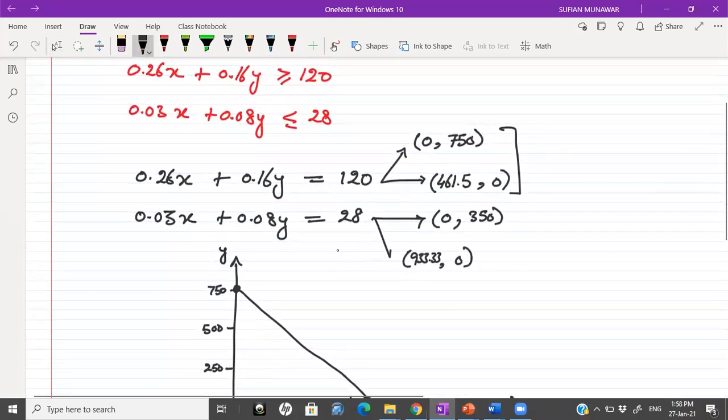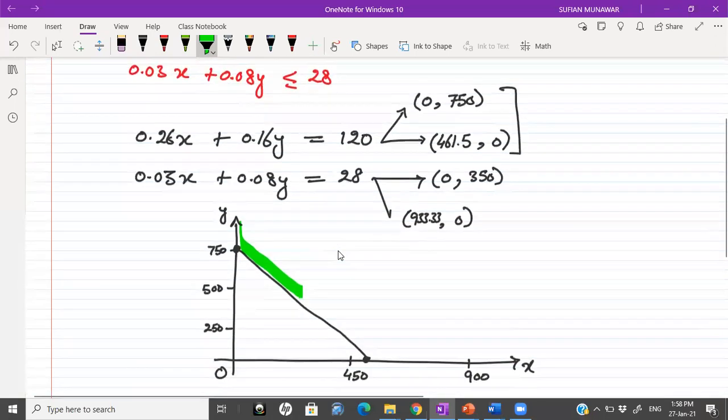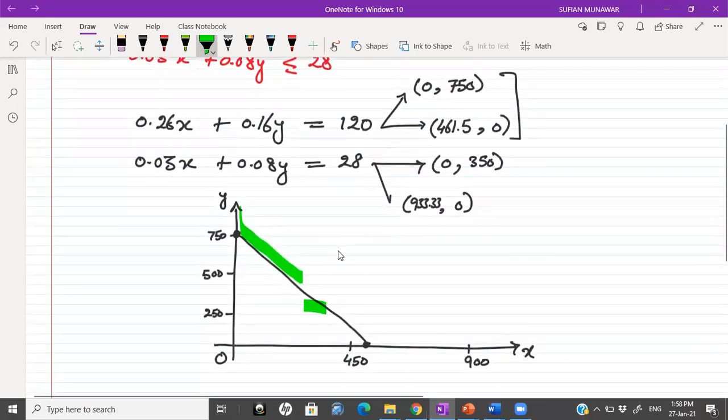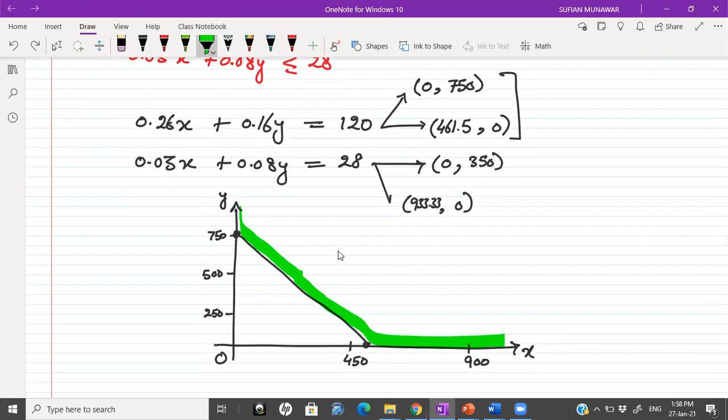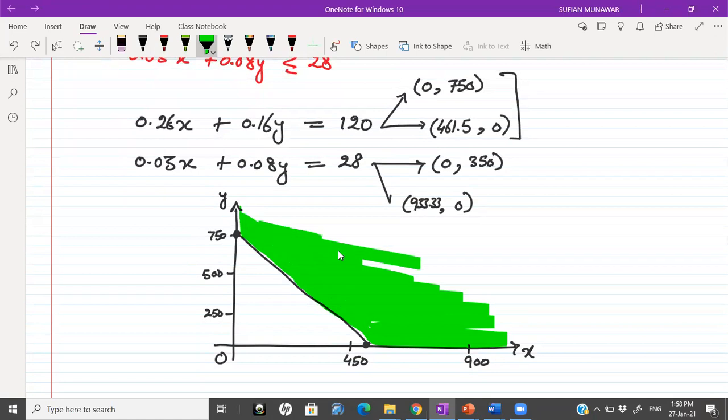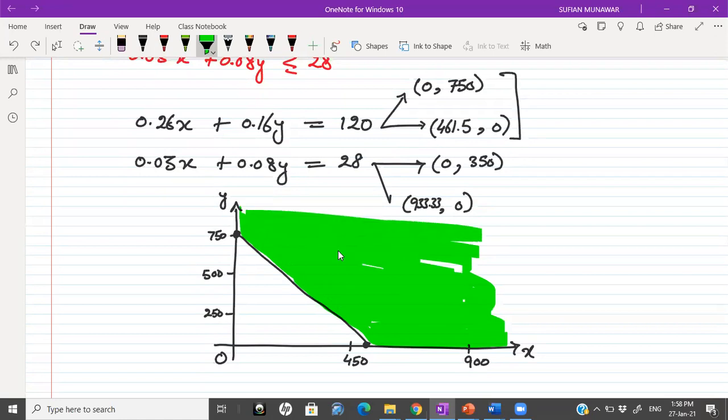Okay, let me shade it green. So this is the area we have for the first inequality.